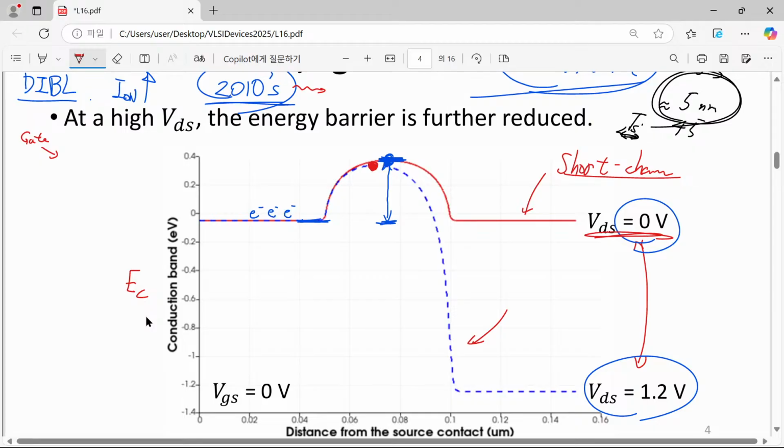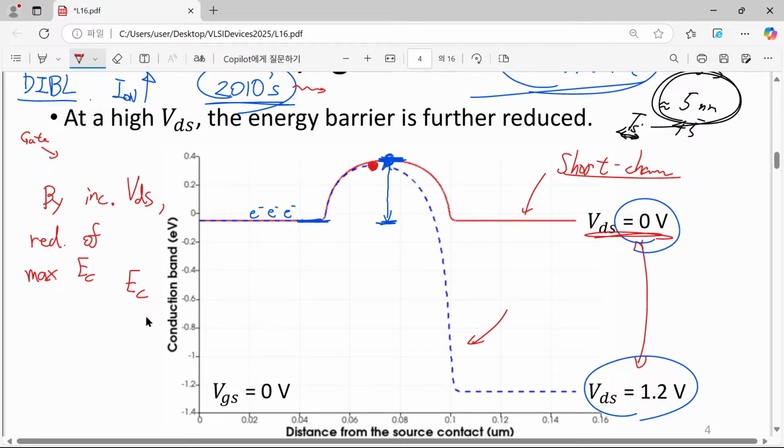So simply speaking, by increasing VDS value, we now have the reduction of maximum EC value.